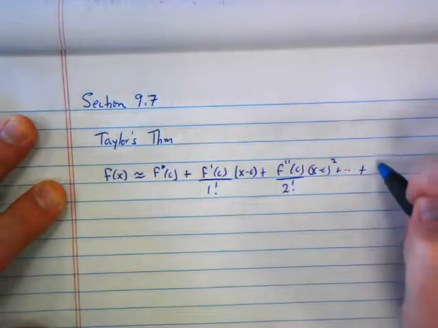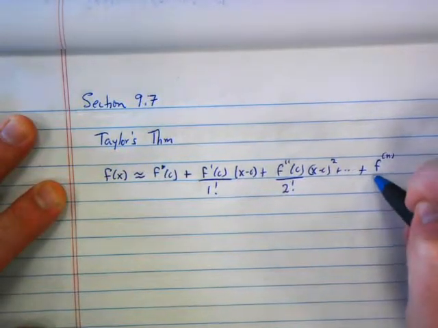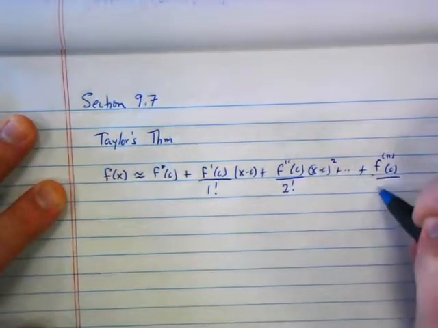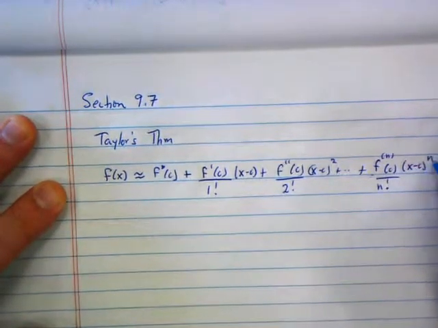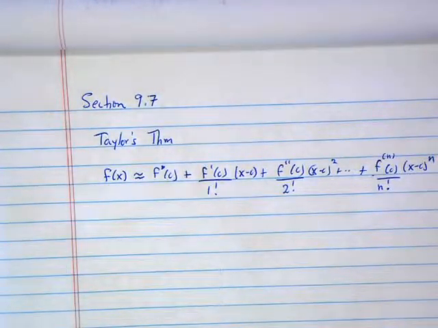And you keep going, the nth derivative at c divided by n factorial x minus c to the n. That was our definition of the Taylor polynomial centered at c.